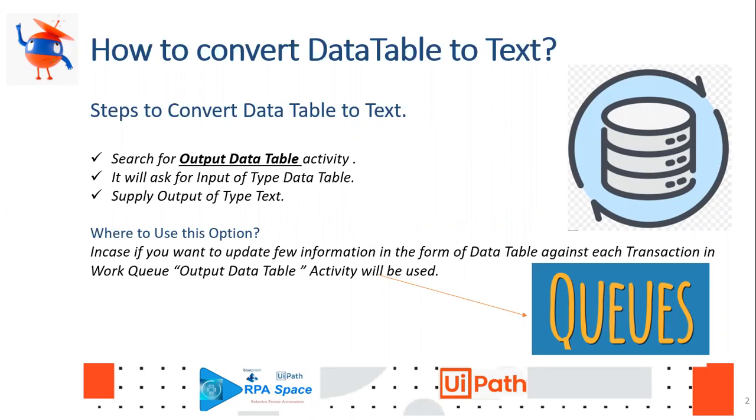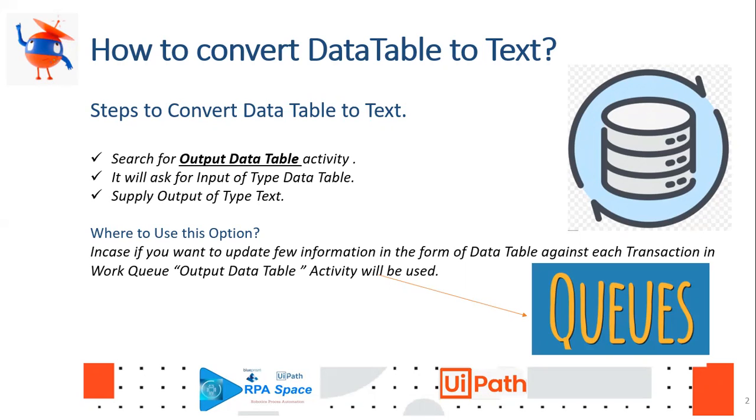The only thing I'm going to show you is how useful it is when you opt for this, and where exactly it is going to be useful. That might be a question, because you might want to use this option wherever you need it in your projects, right? So where to use it? In case you want to feed data table type information into each transaction item in your work queue when you work with huge or multiple projects, that time it will be very handy and helpful, because you cannot just upload a data table into each transaction to update the status, right?